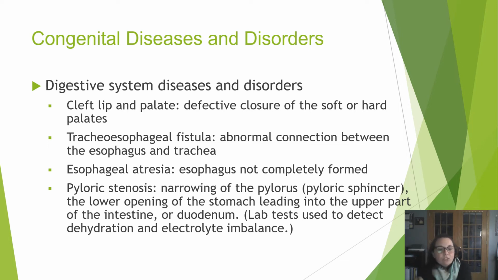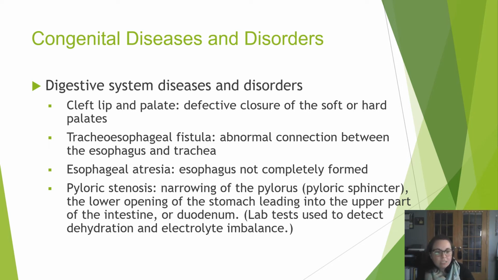Then you have the tracheoesophageal fistula. A fistula is an abnormal connection, a hole, between the esophagus and trachea. We have esophageal atresia, where the esophagus is not completely formed. And then there is the pyloric stenosis. This is the narrowing of the pylorus or the pyloric sphincter located at the lower portion of your stomach.